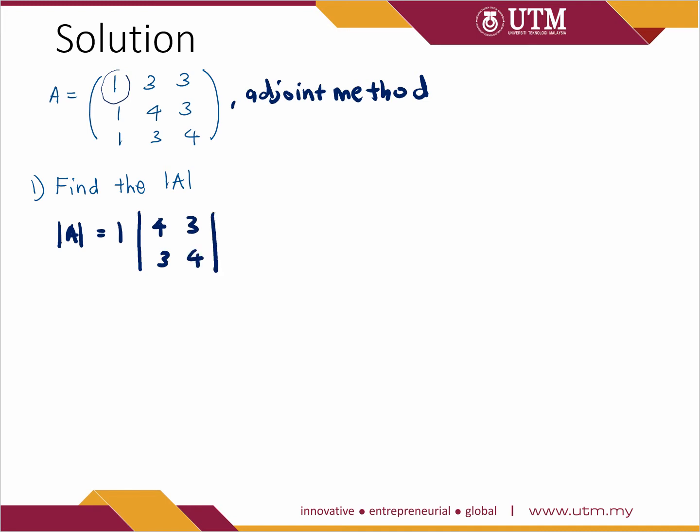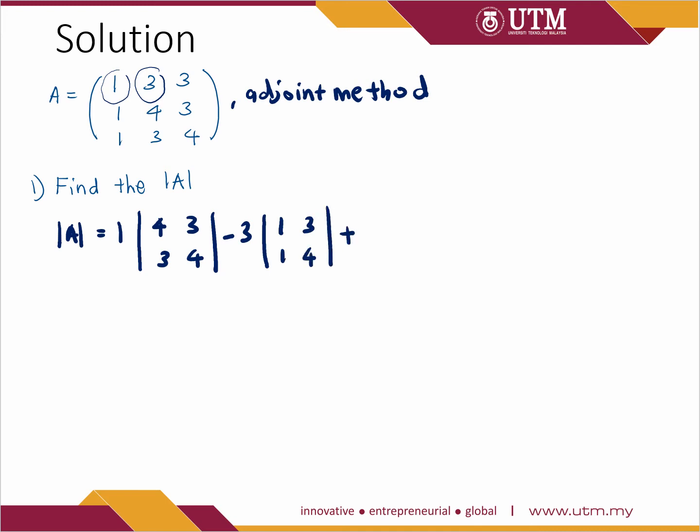And don't forget the second sign should be minus 3. So we eliminate the first row and the second column. So the matrix will be 1, 3, 1, 4.